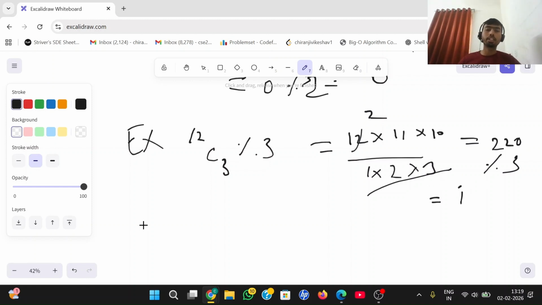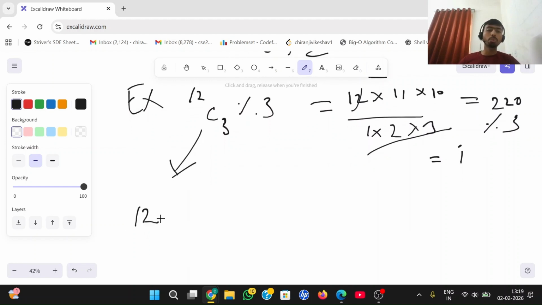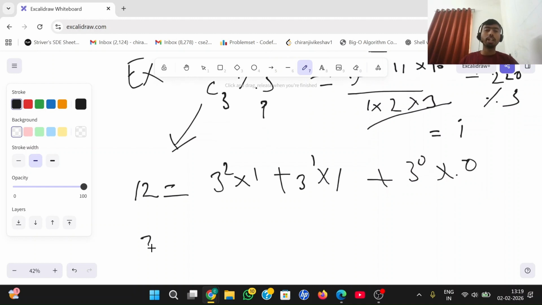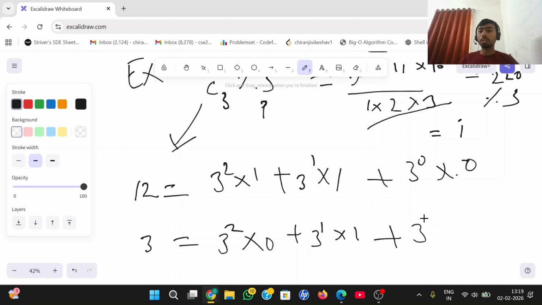Now let's compute this using Lucas theorem. How can we write 12 in terms of 3, which is p? We can write 3 to the power 2 multiplied by 1 plus 3 to the power 1 multiplied by 1 plus 3 to the power 0 multiplied by 0. And how can we write 3 here? 3 to the power 0 multiplied by 0 plus 3 to the power 1 multiplied by 1 plus 3 to the power 0 multiplied by 0.